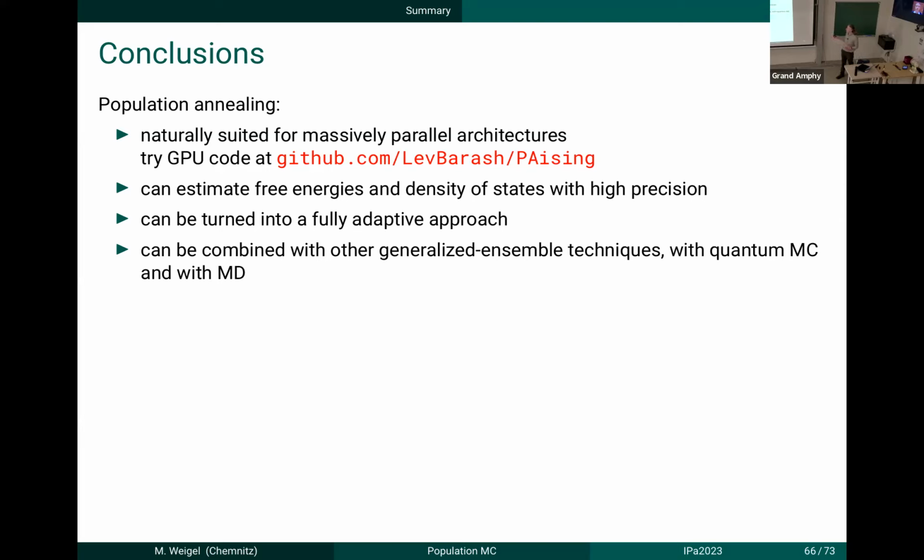Of course, it's the parallelization that I mentioned, but some other aspects are that you get these free energy estimates, which are quite accurate, which are not provided in standard Monte Carlo. It can be made adaptive using adaptive temperature steps or adaptive time steps, which is quite useful. And it is a meta algorithm in the sense that you can combine it with many simulation techniques, MD, QMC, and so on.